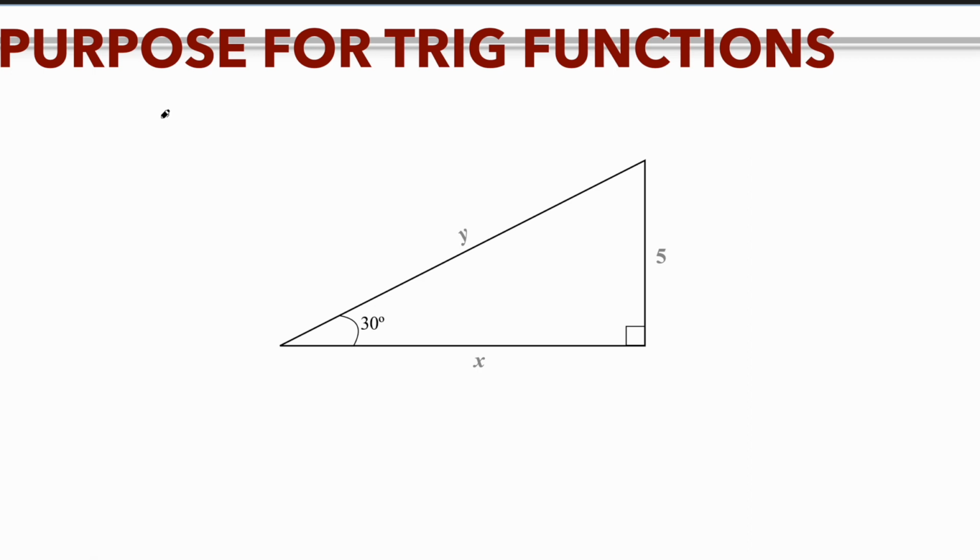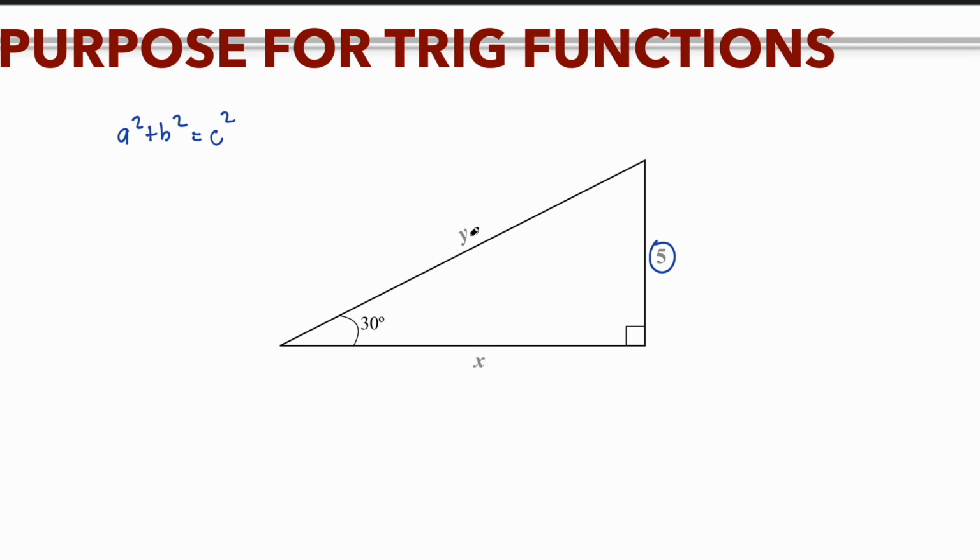For example, in Pythagorean theorem, we have a squared plus b squared equals c squared. But in order to solve for one of those sides, we have to have at least two sides known. What's wrong with this triangle is that we only know one of the sides.